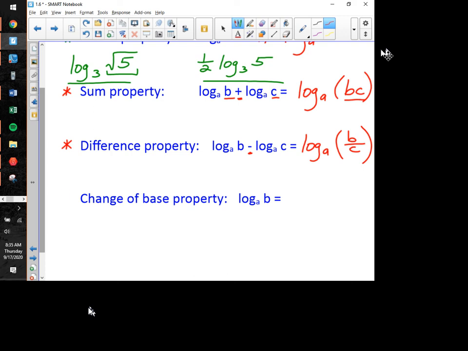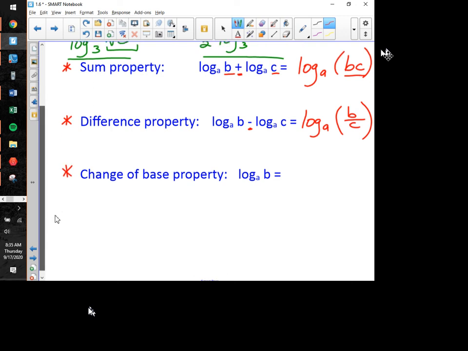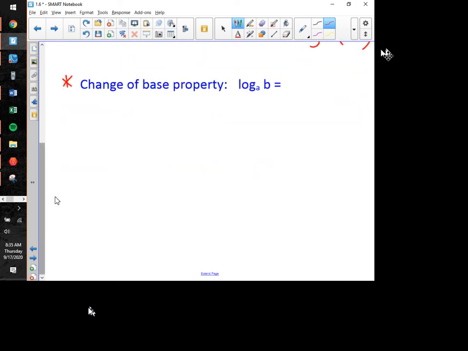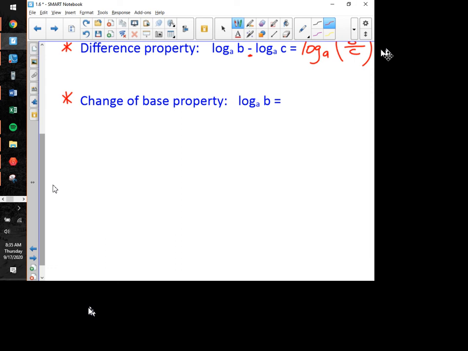And this last property, you guys, is really one that we don't need anymore because we have calculators that'll do this work for us. But the change of base property says the following, that if you're asked to evaluate log base A of B, you can rewrite that as a fraction, and you can change the base of that logarithm to any number you want, and it can be something new.